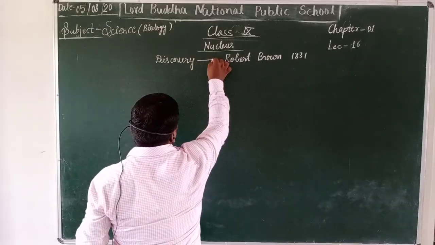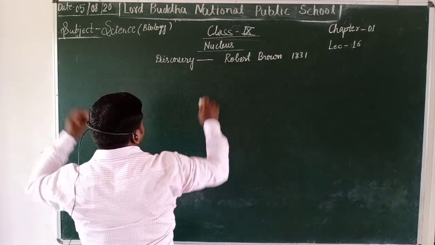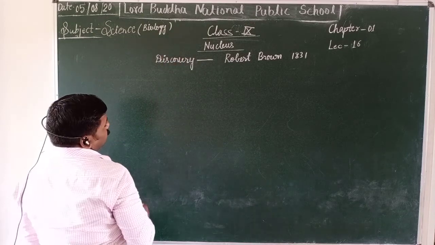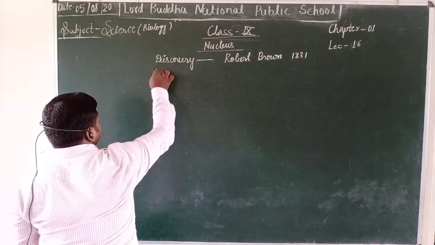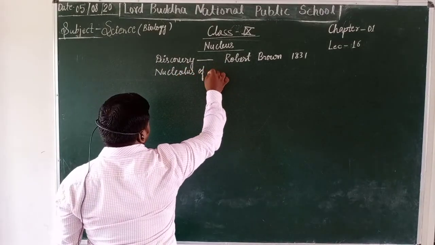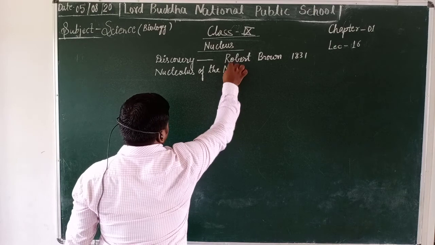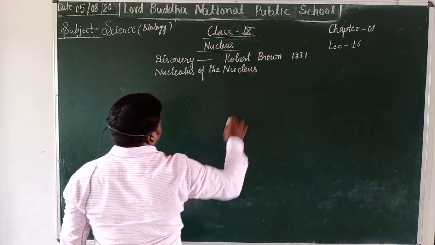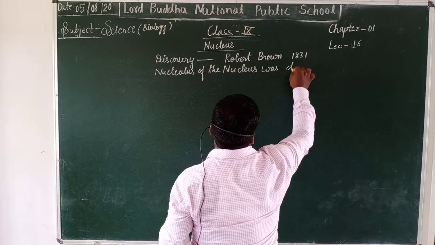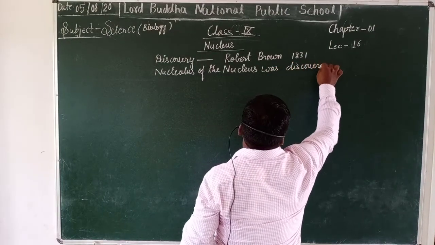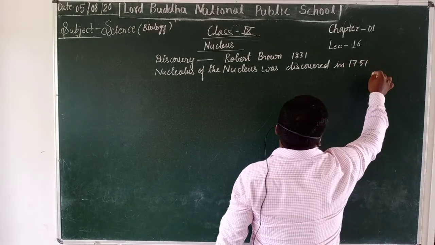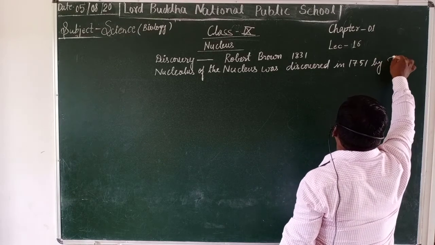But it is more astonishing to know that the nucleolus of the nucleus was discovered in 1751 by Fontana.